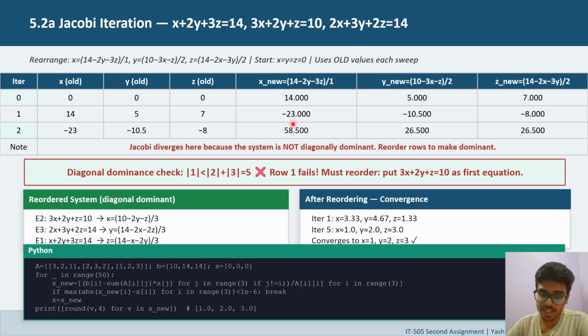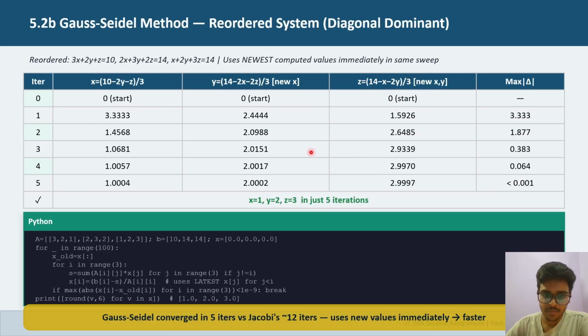In Jacobi method, every new value uses only old values from the previous iteration. Initially, the method diverges because the system is not diagonally dominant. After reordering the equations, the method converges properly, and after several iterations, we reach x equals 1, y equals 2, and z equals 3.